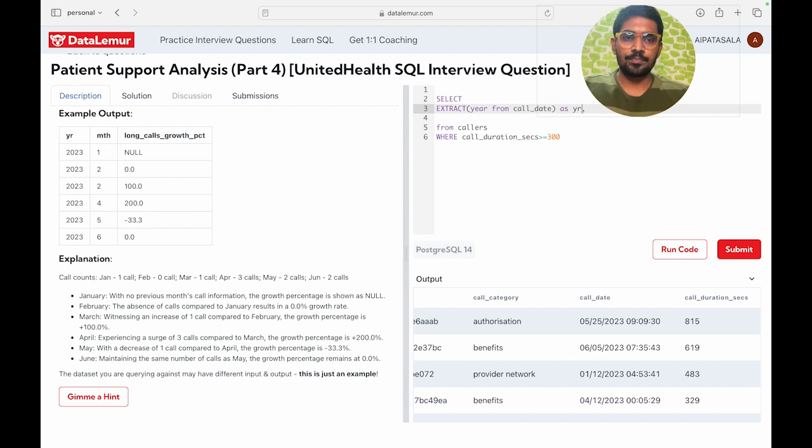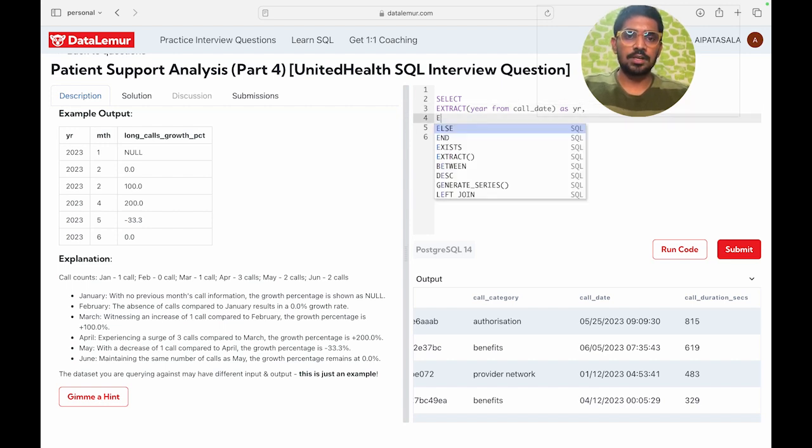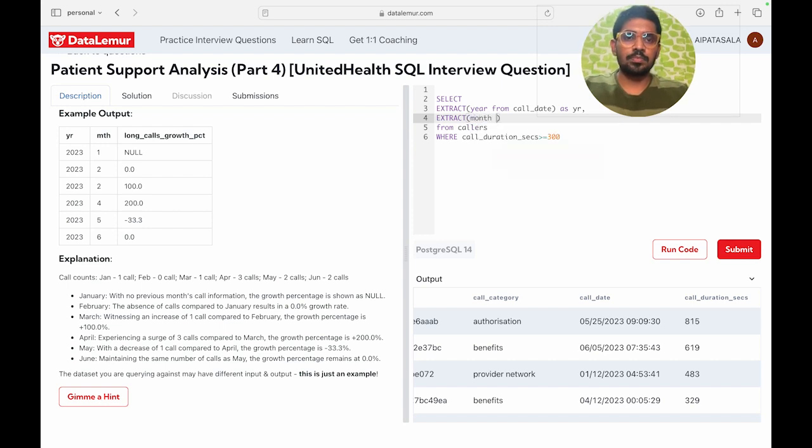In a similar fashion, extract month from call date as MTH.